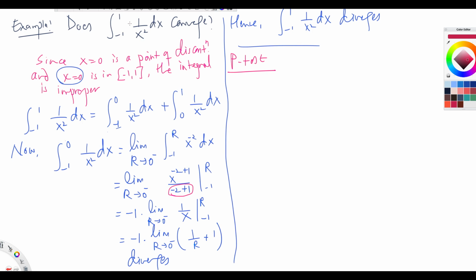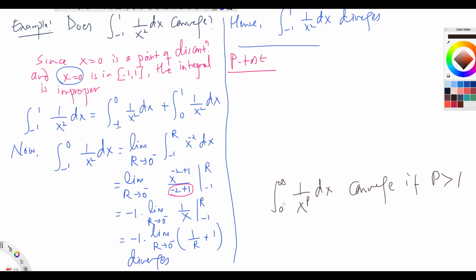If it is like a through infinity 1 over x to the p dx, then this converges if p is greater than 1 and diverges otherwise, right? That's what we learned.